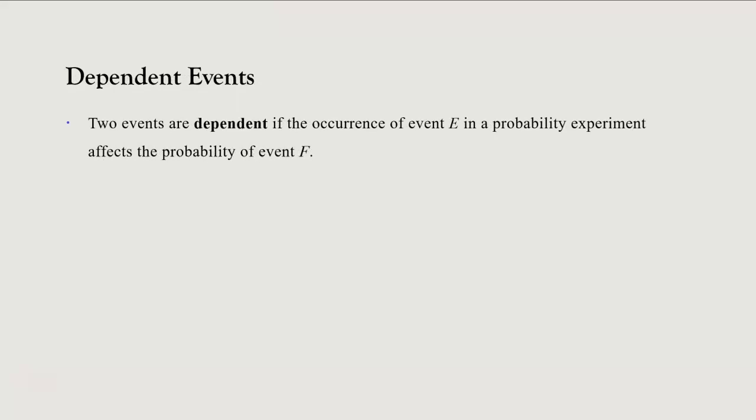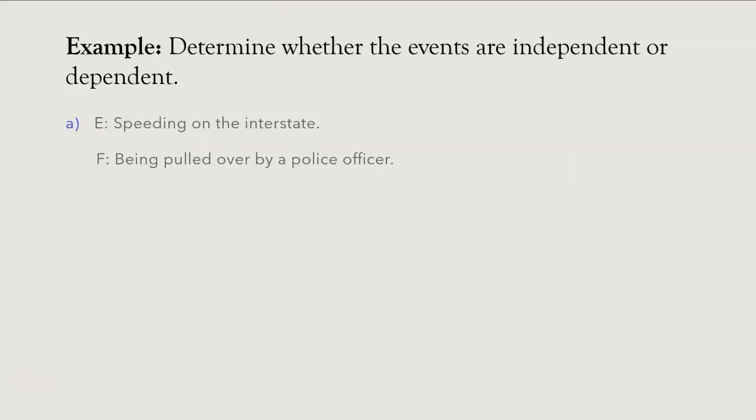And vice versa, two events are dependent if the occurrence of event E in a probability experiment actually affects the probability of event F. So if we have two events, and if the chances of one happening affects the chances of another one happening, then those two events are dependent, all right? So independent means they stand alone. Dependent means they depend on each other.